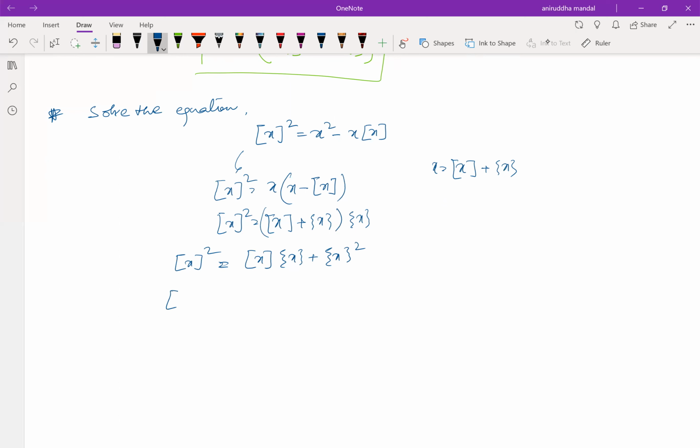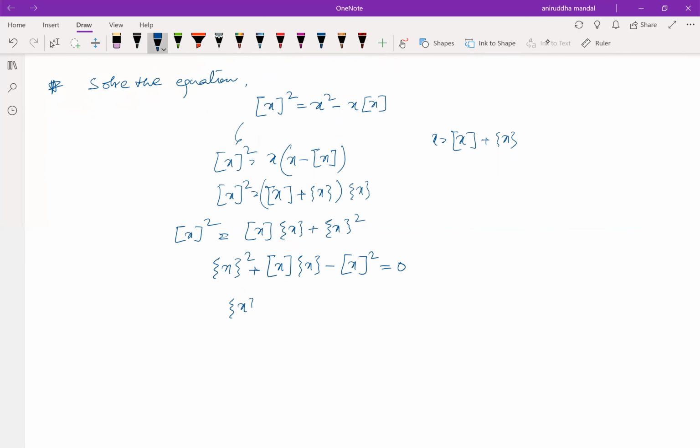So we have floor of x squared minus floor of x into the fractional part of x, and we will do it the other way round. So the fractional part squared plus floor of x times the fractional part minus floor of x squared equals 0. So this is a quadratic equation in terms of the fractional part of x.